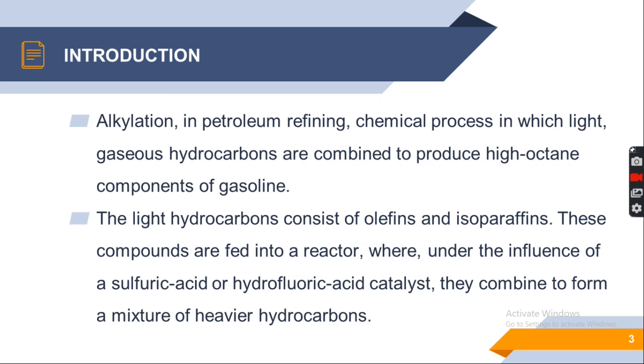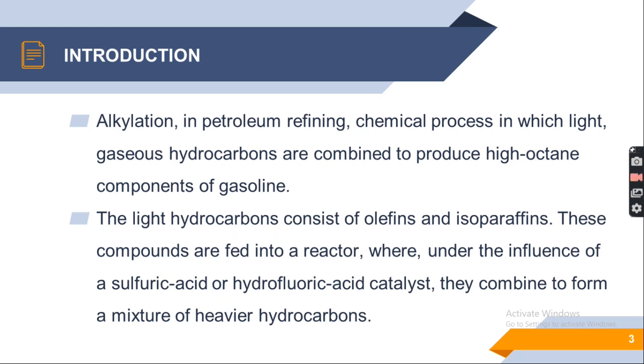These compounds are fed into a reactor where, under the influence of a sulfuric acid or hydrofluoric acid catalyst, they combine to form a mixture of heavier hydrocarbons. The heavier hydrocarbons are then separated in a fractionating column. This is the general overview of the alkylation process.